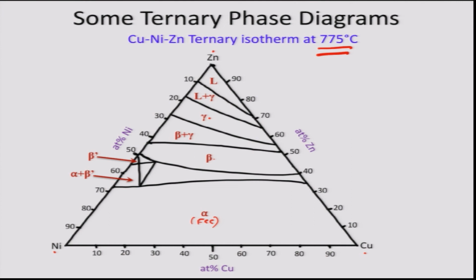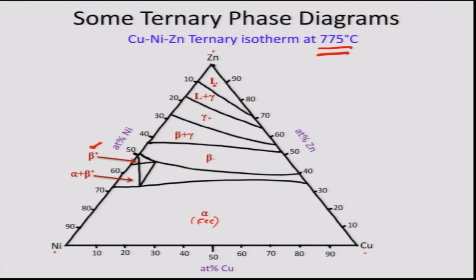And of course at 775 degree centigrade zinc exists as stable liquid, and so on the zinc rich corner we can see the single phase region of liquid or L. Similarly, there is a small composition range of a phase beta prime on the nickel zinc binary. This beta prime exhibits a small solubility for copper, and hence there is a small region of beta prime.